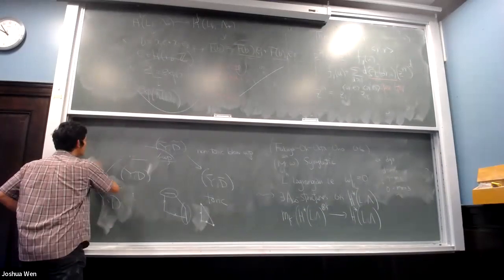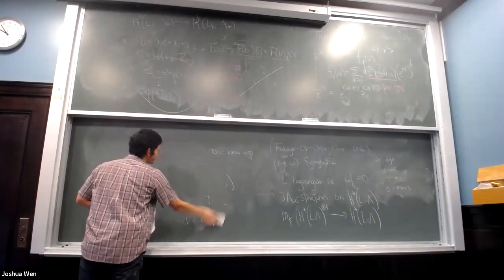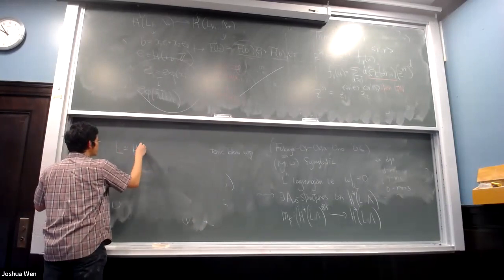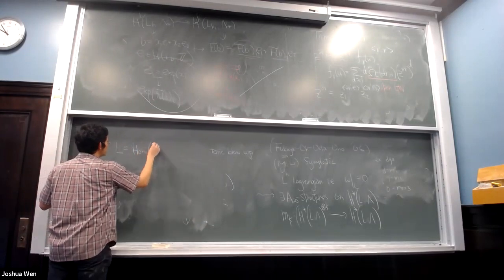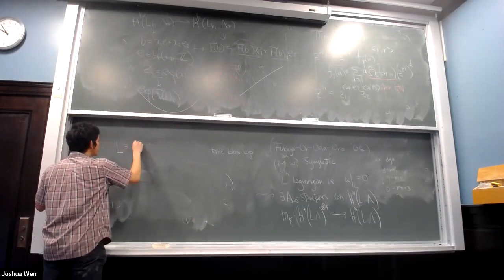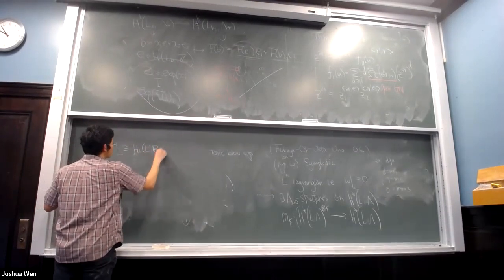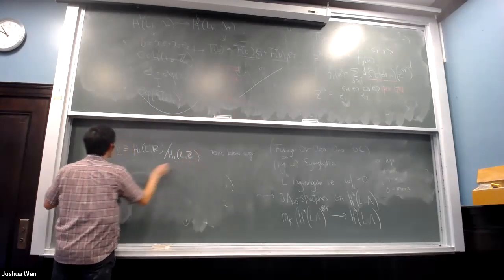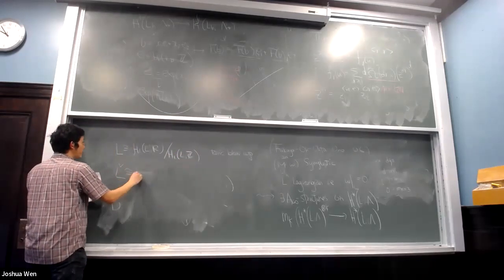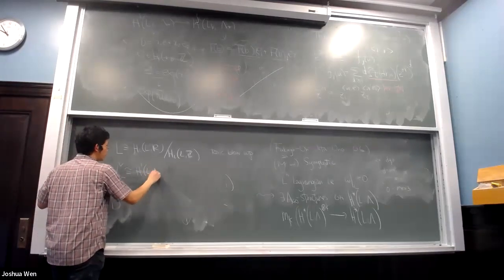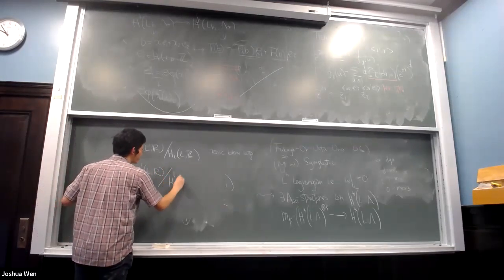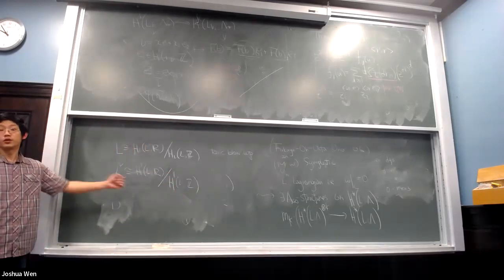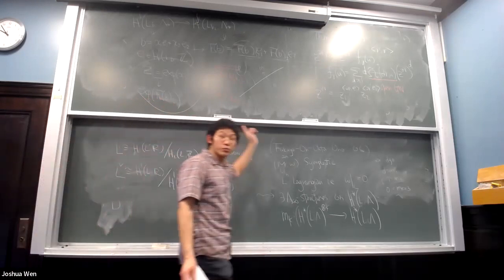If I have a Lagrangian, it is naturally H1 of L R quotient by H1 of L Z. And so the dual torus is H upper 1 of L R quotient by H upper 1 of L Z. That explains why I'm taking the exponential.